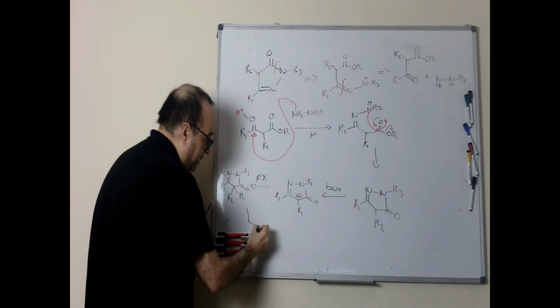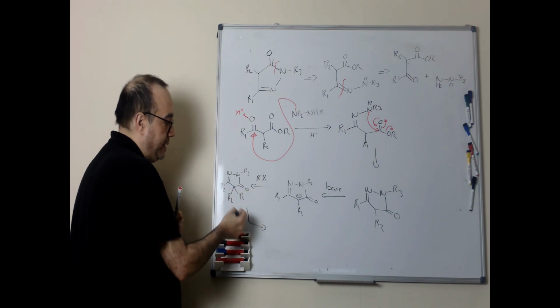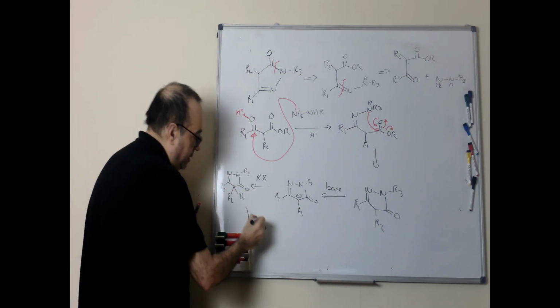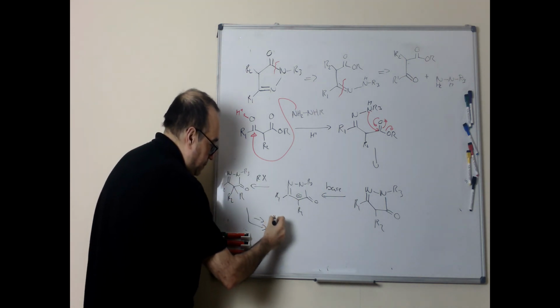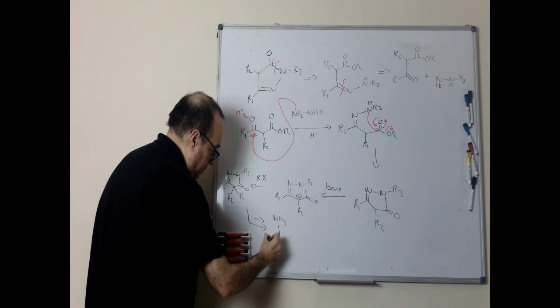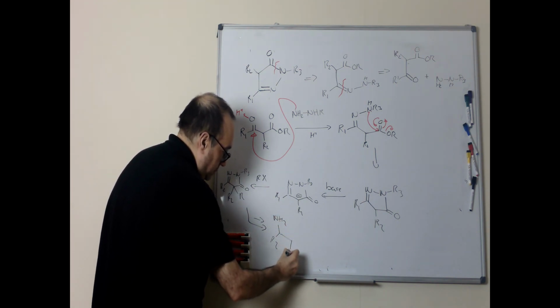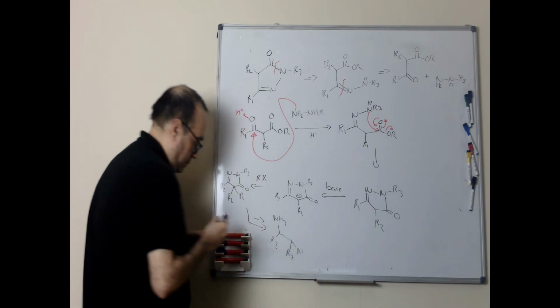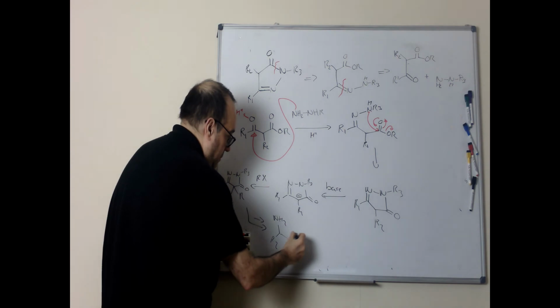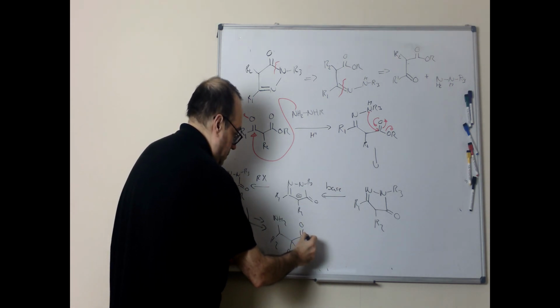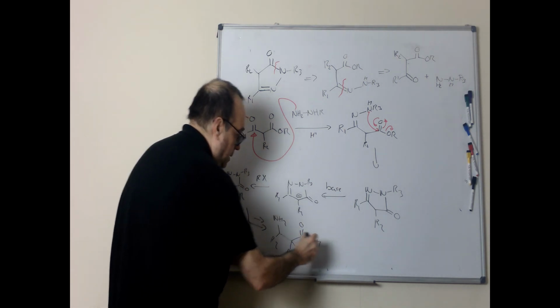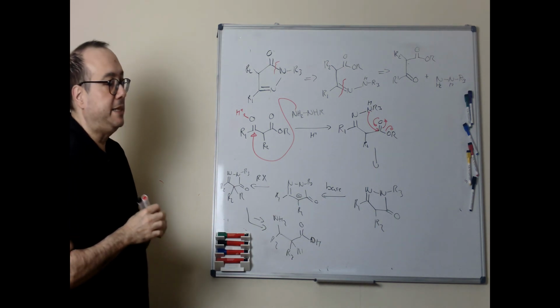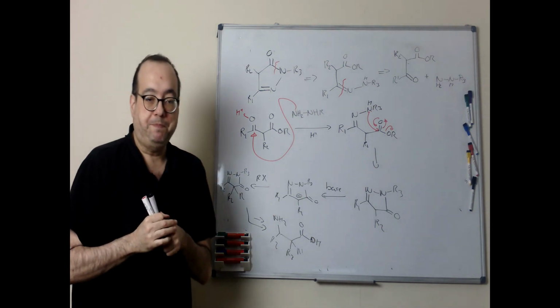Okay? Then, for example, we can break this and reduce in several steps, and we get this beta amino acid. Okay?